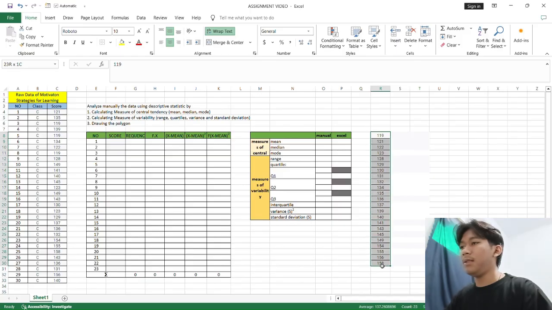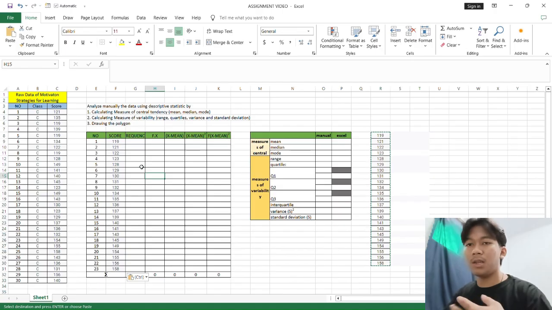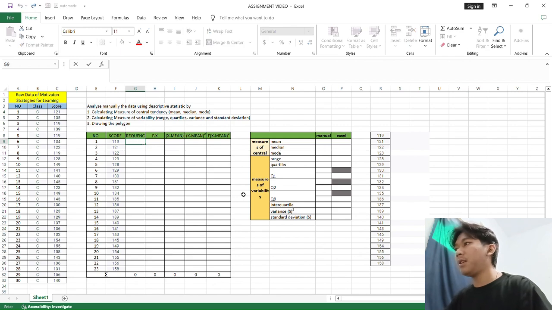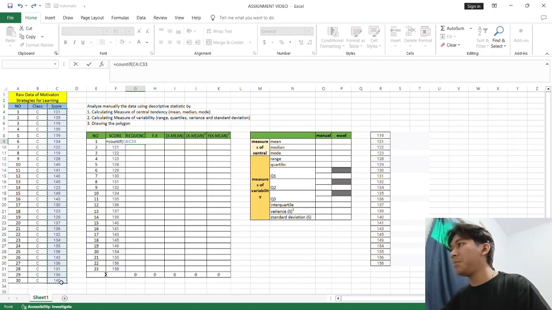After that we're gonna transfer it onto our table right here, and then we're gonna look for the frequency. To do that we're just gonna use the COUNTIF function. So here we go, COUNTIF, don't forget to put the bracket, then select the row in the table right here, hit the comma button, and then select the score column here.